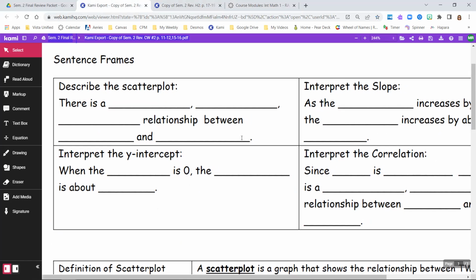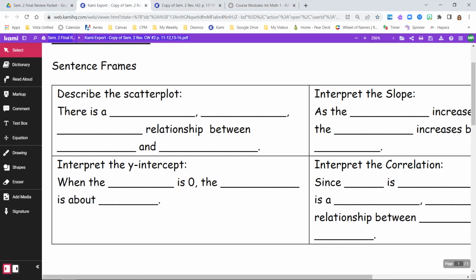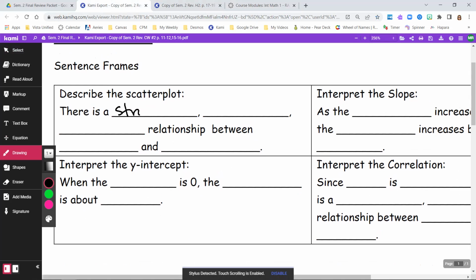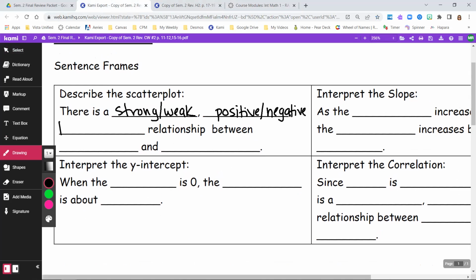There is, and we're either going to say strong or weak, positive or negative, linear or nonlinear, relationship between, and in this case, we're going to say what the x is, which is the forearm length, and the y, which is the height.